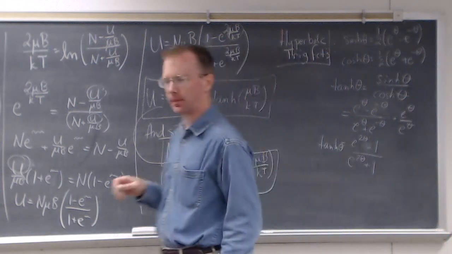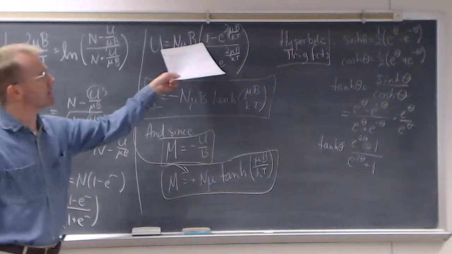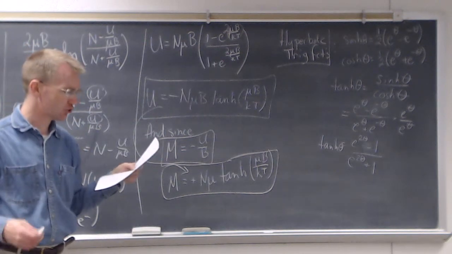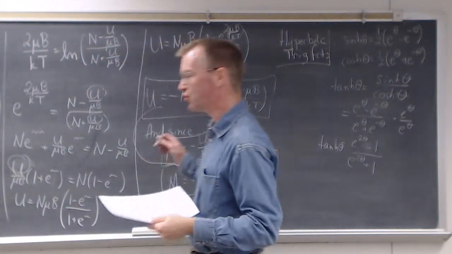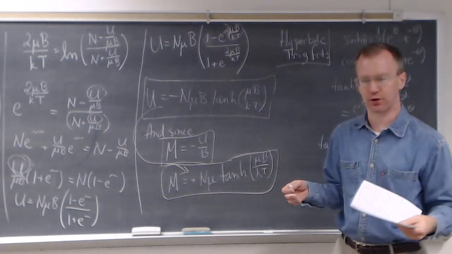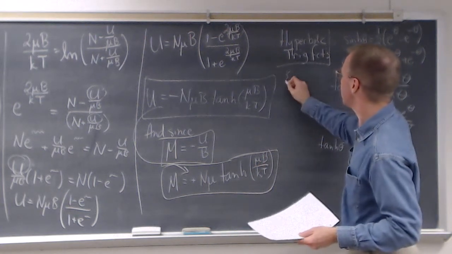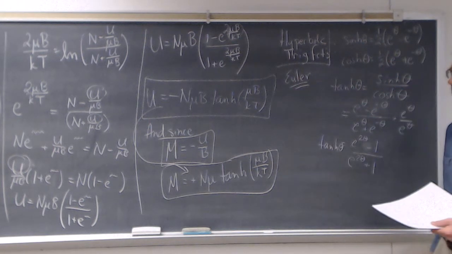Now, a hint, sort of a strategy, a tactic. When you see this kind of anti-symmetry here, or symmetry for that matter, involving exponentials, it should make you look for trig functions using what are called the Euler relations.